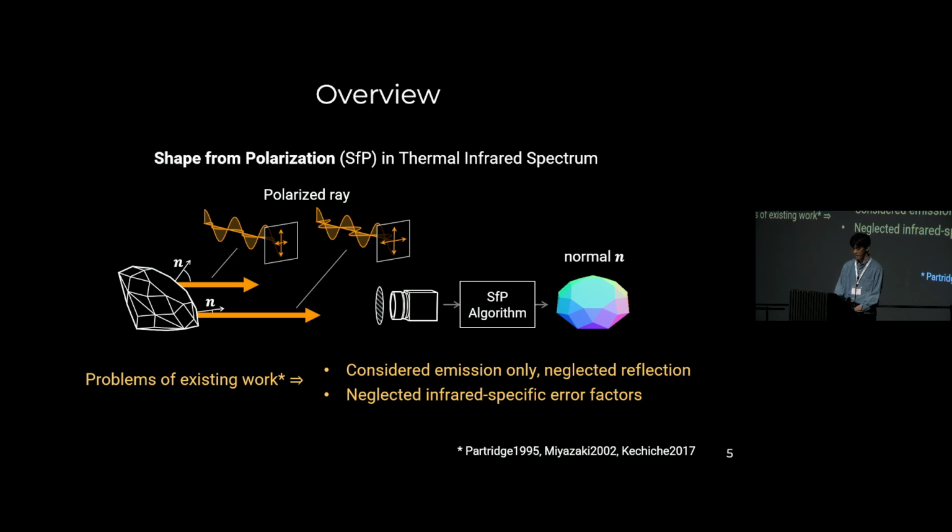While prior work on thermal SFP does exist, it has overlooked these key challenges. As a result, they reported large errors, which might explain why this modality has been underexplored. By tackling these challenges, we unlock the true potential of thermal SFP and achieve high accuracy normal estimation.